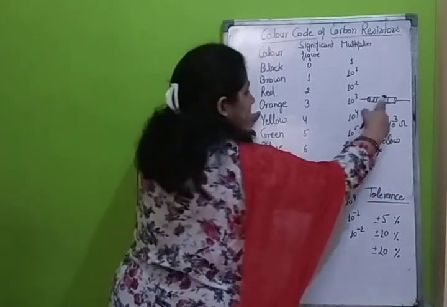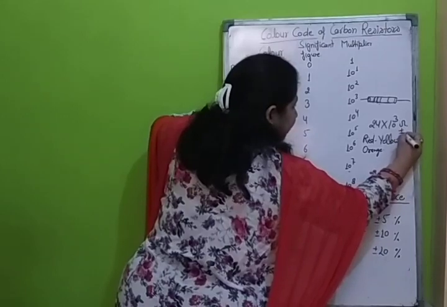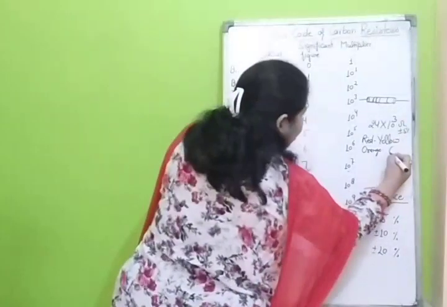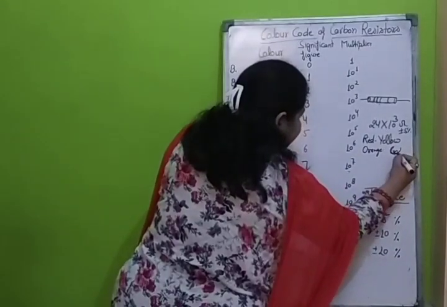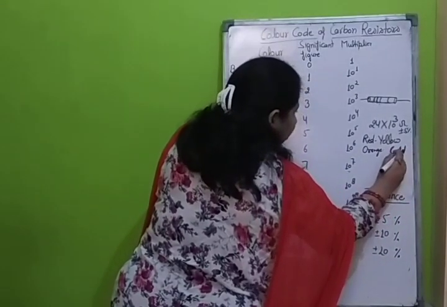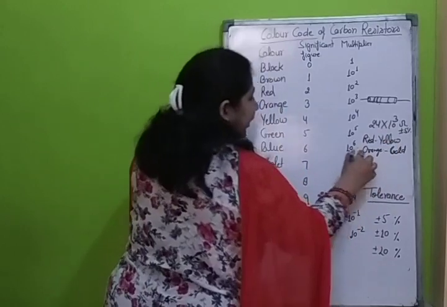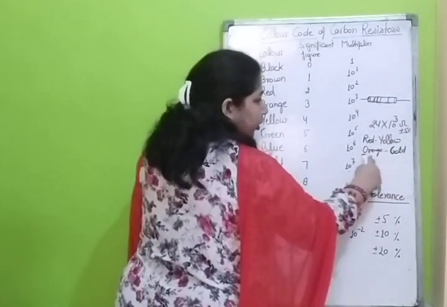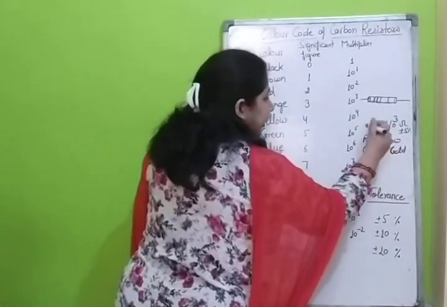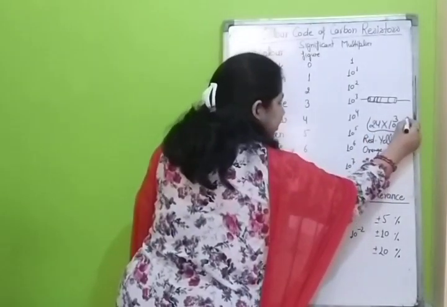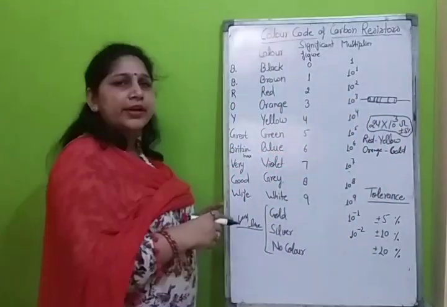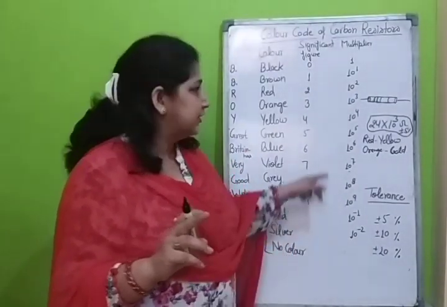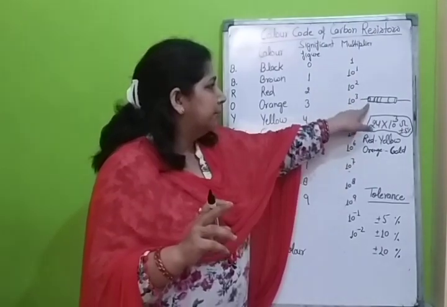Got it? And suppose it has a tolerance of plus minus 5%. Then the next line will be gold. Got it? We have 4 lines: first red, second yellow, third orange, and fourth gold. It means the indication is 24 into 10 to the power 3 ohm plus minus 5% tolerance. This is the resistance measurement.